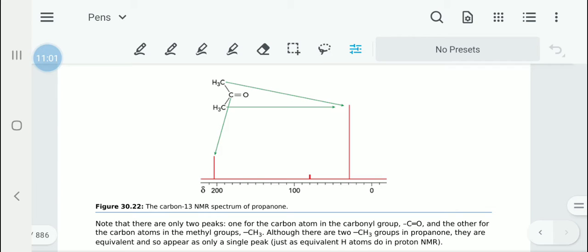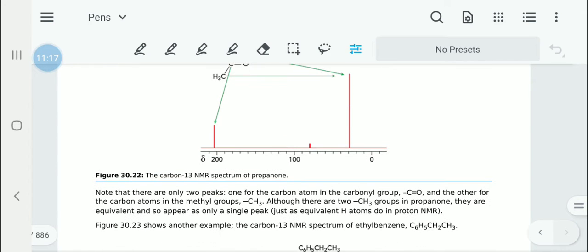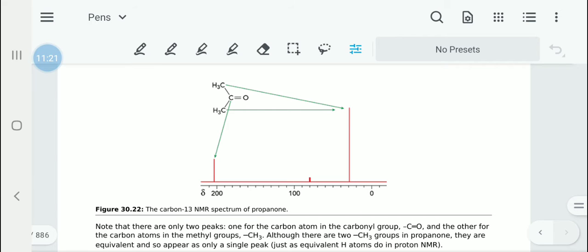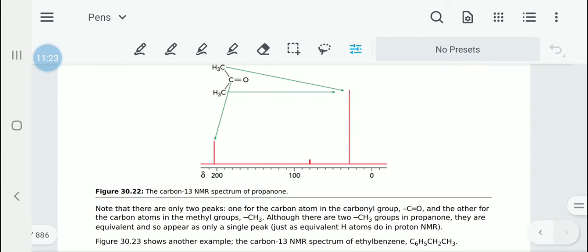So here this carbon has two shifts here. For one, there are 3 carbons. However, for the middle carbon there are no hydrogens attached, so it will not be shown. Then CH3 would be shown. Only 2 peaks, one for the carbonyl group, that is C double bond O, and the other for the carbon atoms in the methyl group CH3.